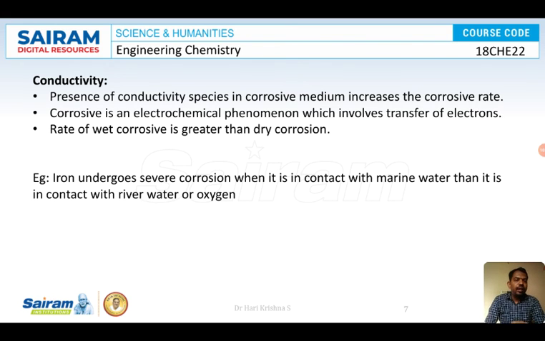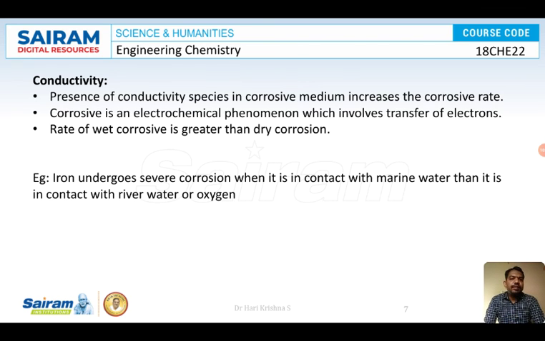Because marine water is not a solvent, it is a solution, and it contains soluble salts, sodium chloride, magnesium chloride, magnesium sulfide. Since it contains ions, its conductivity is high.